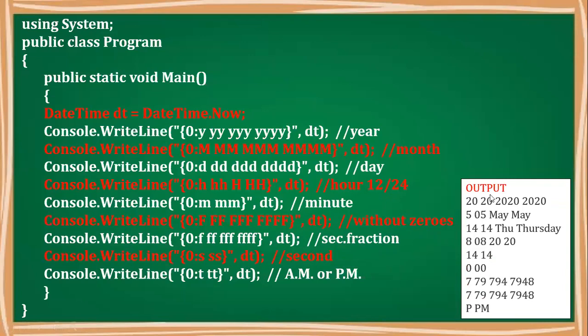Okay, DateTime.Now on that day, whatever it was, you have written yyy, so it will give you output in that type, because of the number of times you have written it. So y, that is year, gives 20. Okay, yy again gives 20, because single y is also 20 and double y is also 20. Triple y is going to give 2020 and four y is again going to give 2020.